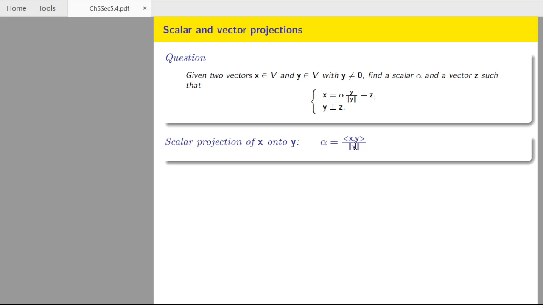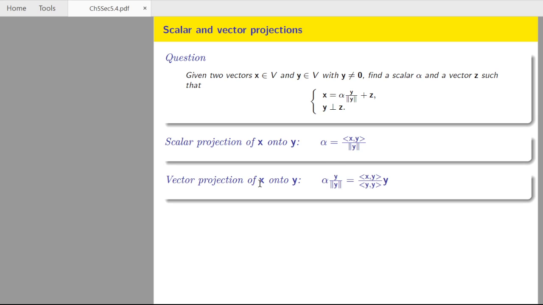And then the vector projection of x onto y equals alpha times this unit vector. Now, if we substitute alpha by this quotient, then we get this form.